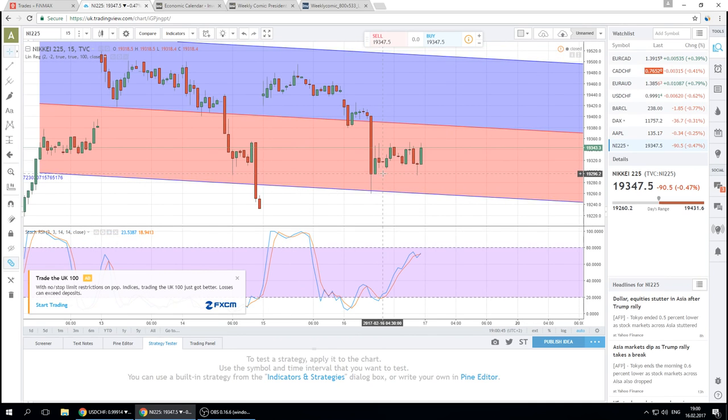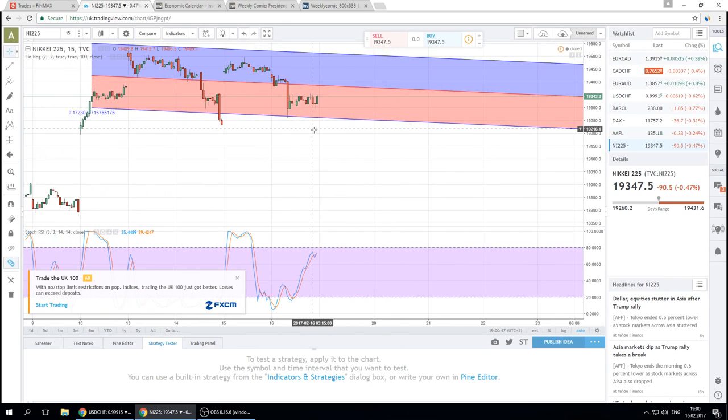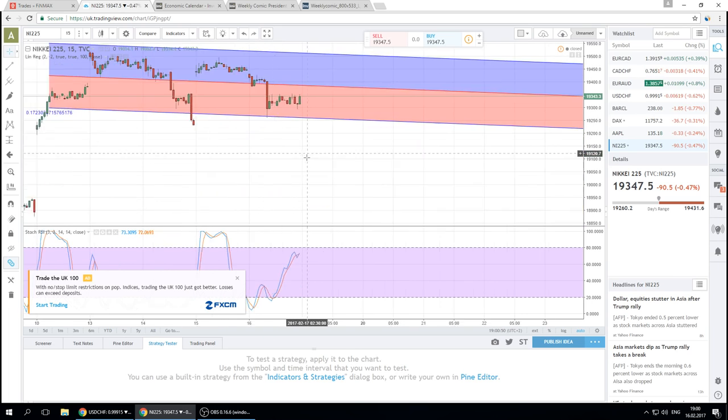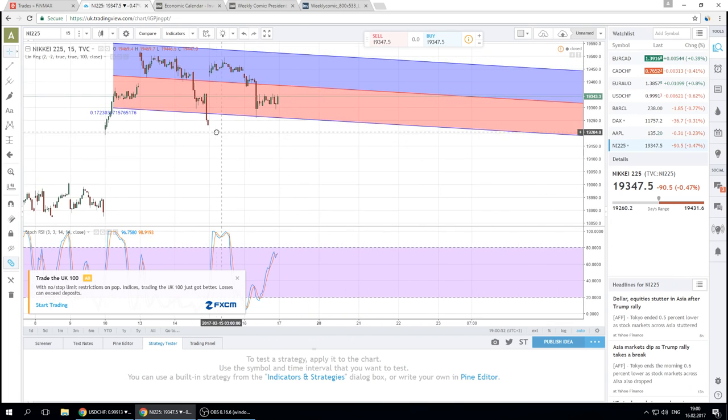Nikkei. This is the Japanese index. And you also see these gaps, the difference between the time when the stock market was closed and when it was open.